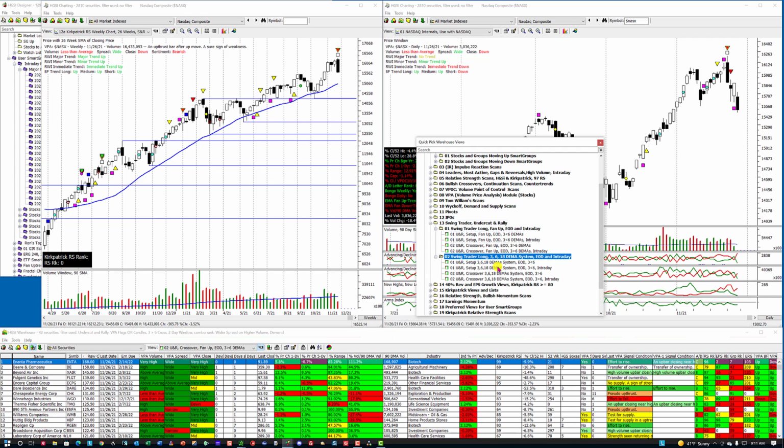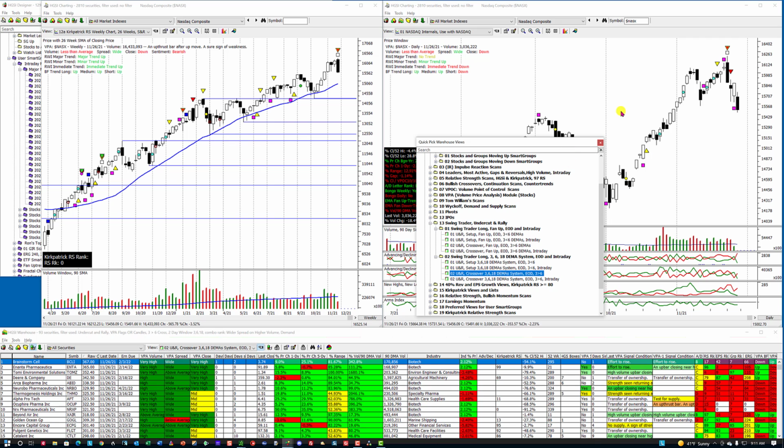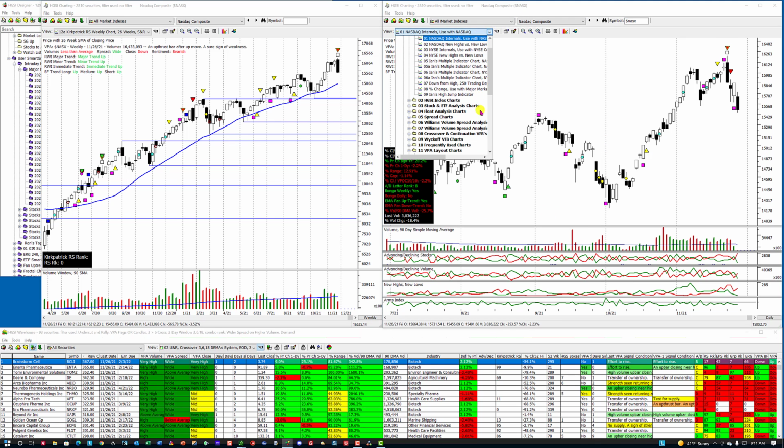Now this is something else that I decided to put in this morning. The 3, 6, and 18 system does not require a fan up, but it requires that the stocks be above the 18, and then the 3 and the 6 crossovers can work their magic. So let's go to a different chart here.